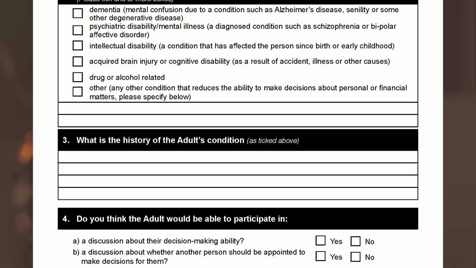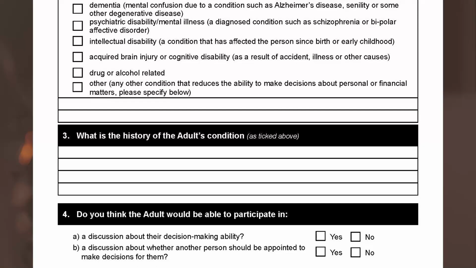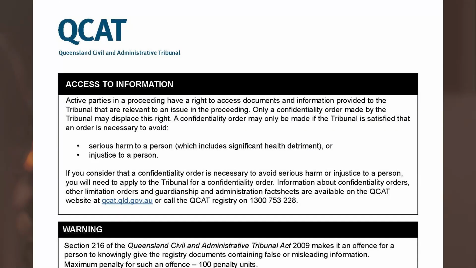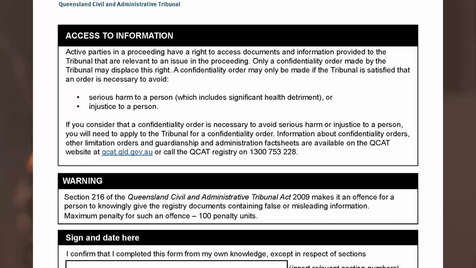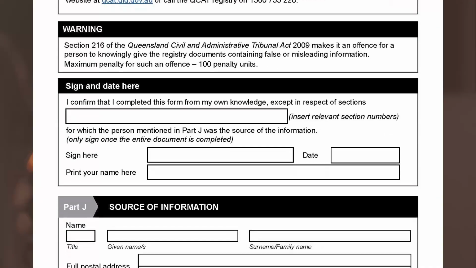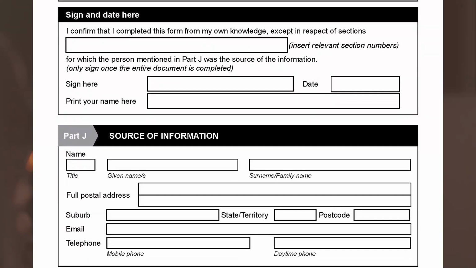That's a key part for the tribunal, along with any other overarching conditions that the person's been assessed as having, and other basic information is to be provided there, along with the signature and any other source of information that you've relied on for completing the report. So it may seem overwhelming. A good half of it is stuff at your fingertips already.